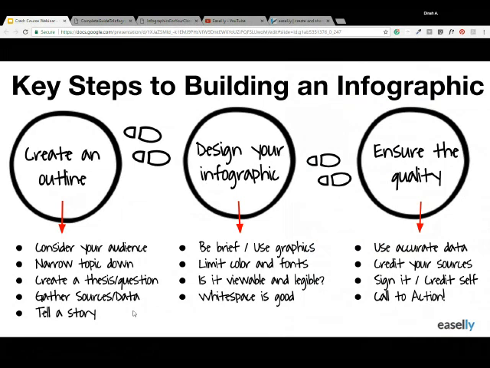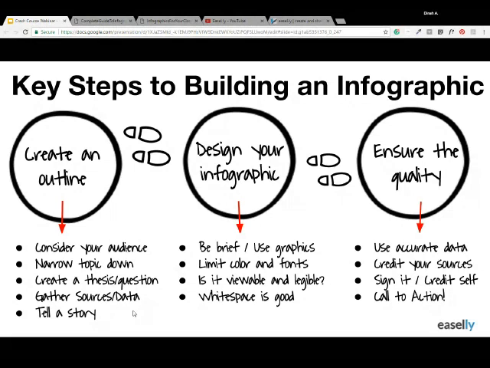Remember, you want to tell some type of story so that there's a flow. And for the educators on this call, this is very similar to writing a paper with your students. When you're working through that process with your students, it's something you're already doing. So when you're thinking about an infographic and building one out, you're going to want to talk about all the same steps as writing a paper as well.